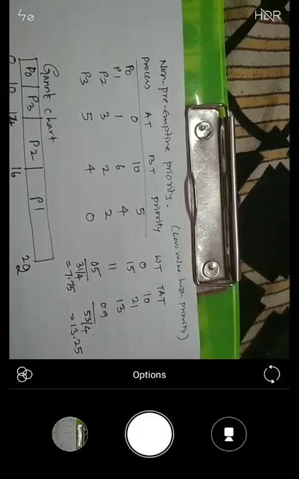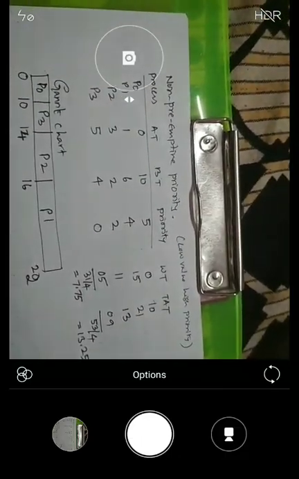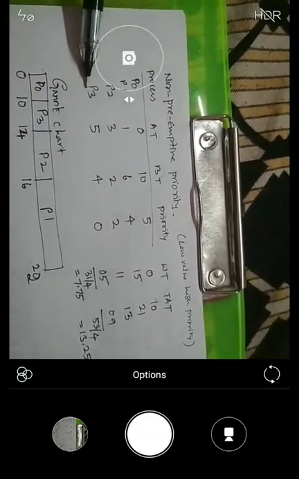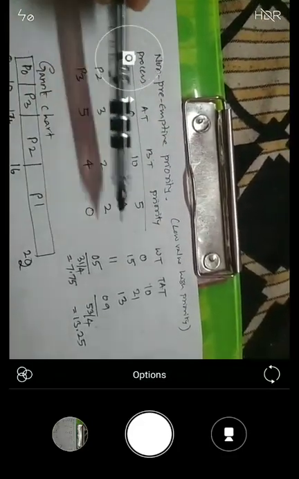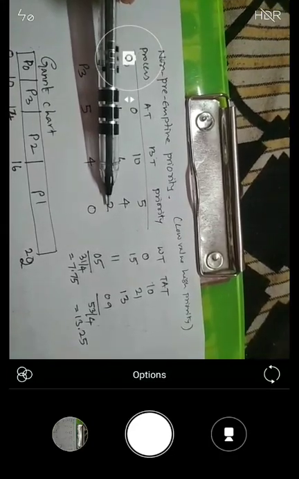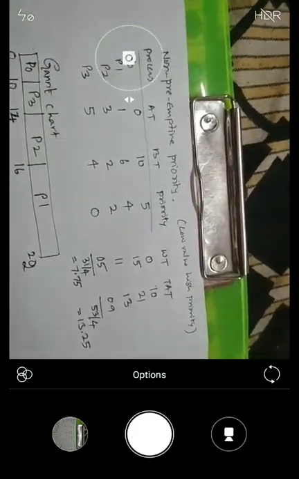So let me recall: low value, high priority. Here the P3 process, which has 0 as the lowest number, is given the highest priority whenever execution is considered, and similarly the next highest will be the second value, then fourth, then fifth.